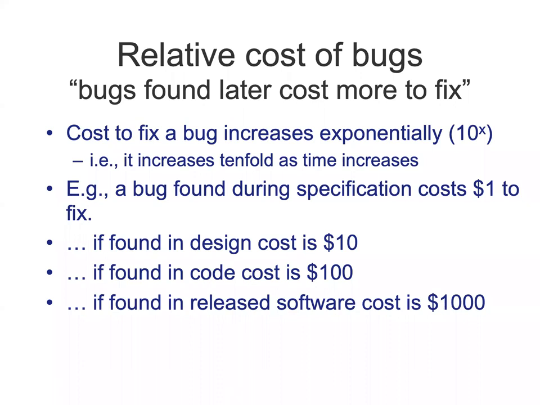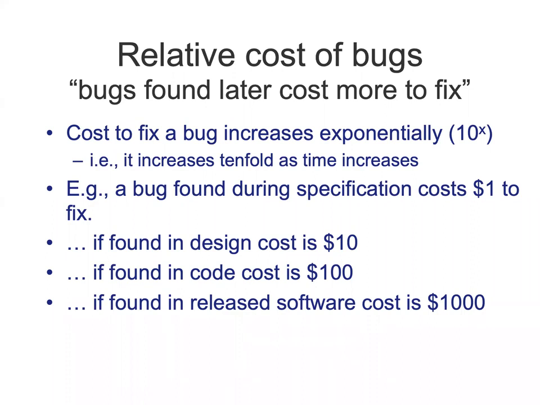And that's why, like, the example, if you look into it during the design, it's not as much. Okay, obviously the numbers are not right. $1 and $2, just take that as an example. But if you find it during code, then it's still costing you more than design. And lastly, after the release, it's not only going to cost you to fix, but it's also going to cost you some customers.